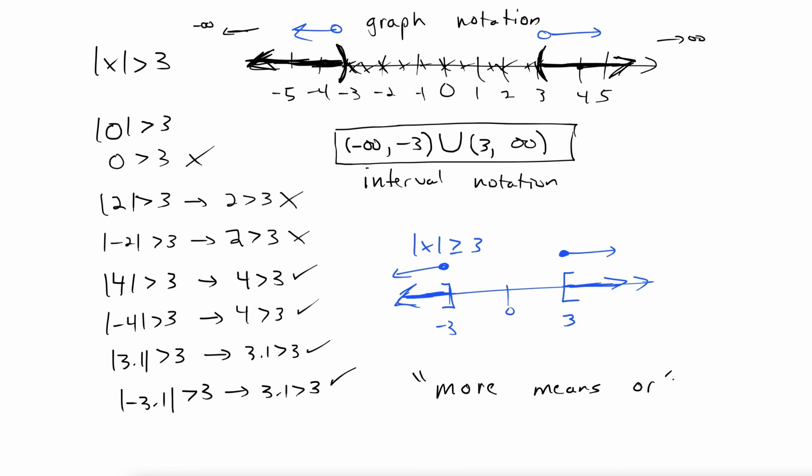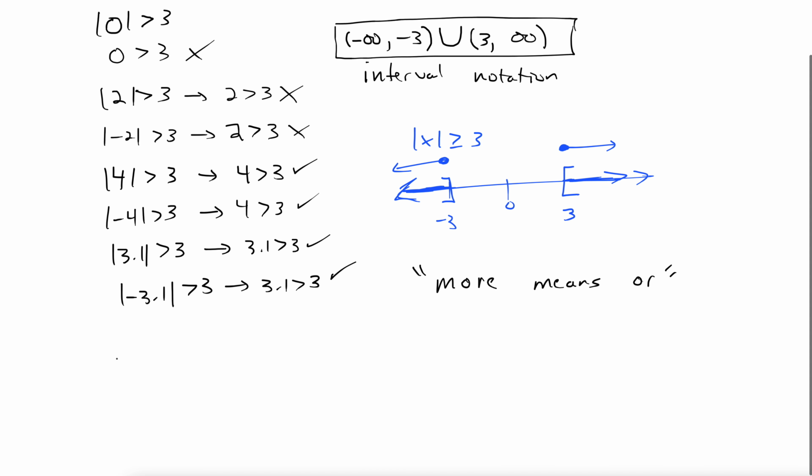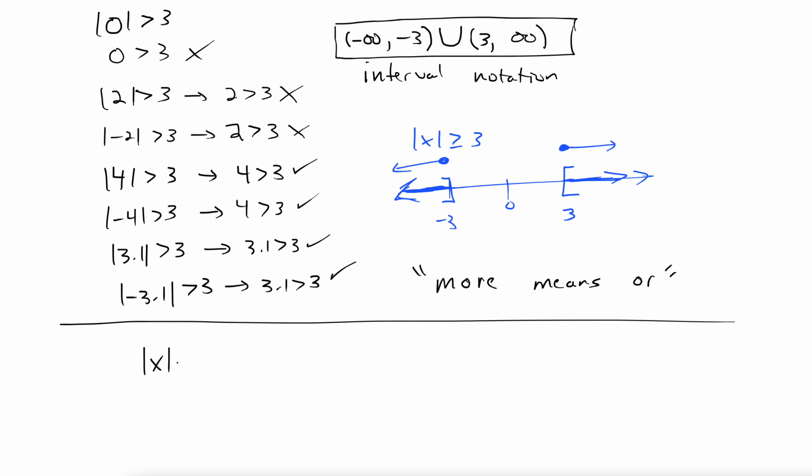Because we don't want to sit here and test out these points all the time, here's how we use that. So we have absolute value of x is greater than 3. Note that the absolute value is on the left-hand side, and this is greater than, which we're calling more than, because it rhymes with or.